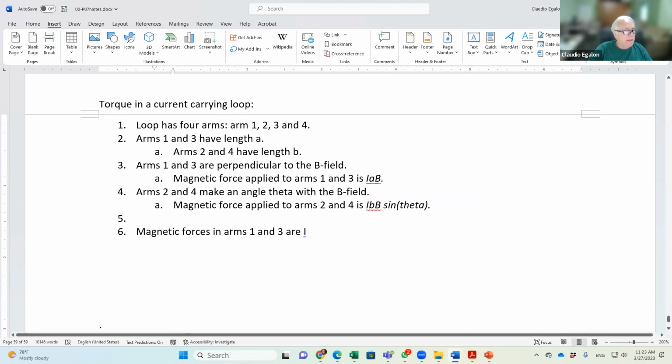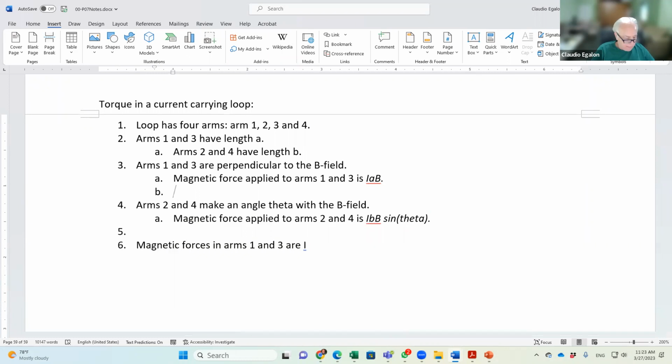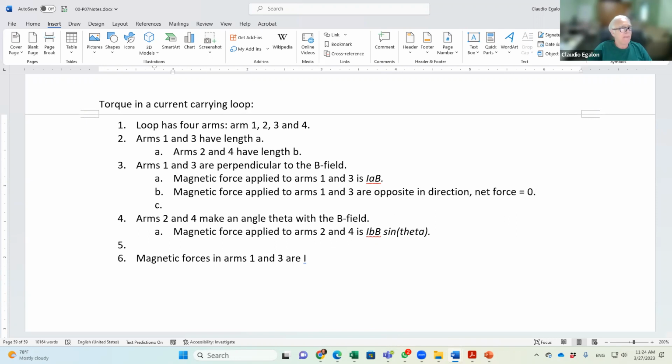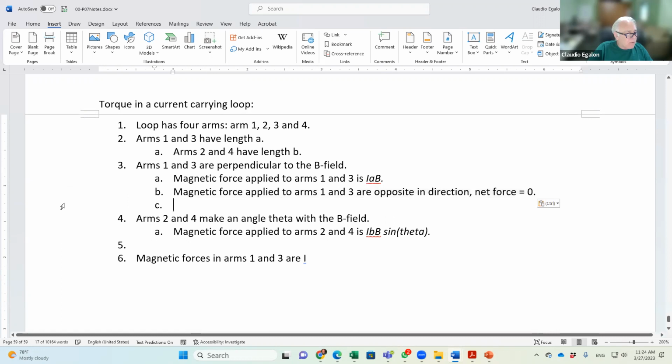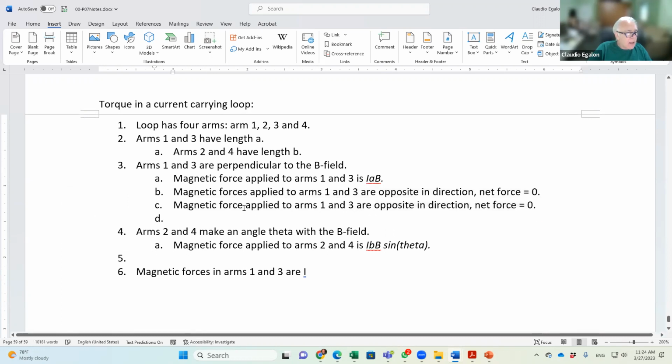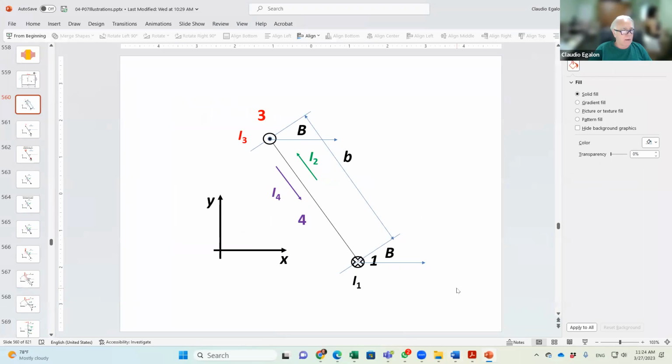Not A. It's B. Arms 2 and 4. Magnetic force applied to arms 1 and 3 are opposite in direction. What does it mean? Net force equal to 0. Okay. But what else? There's one more thing.